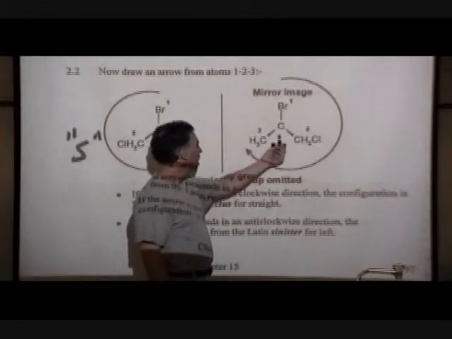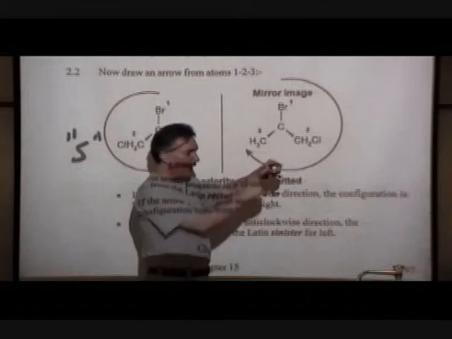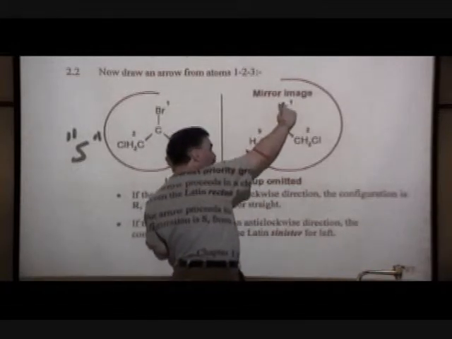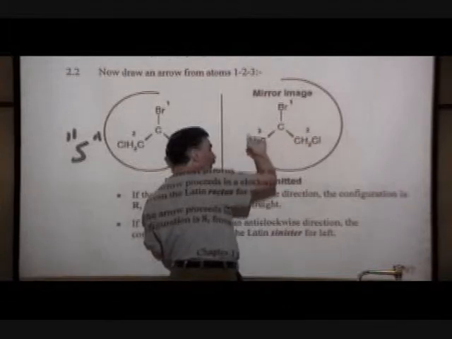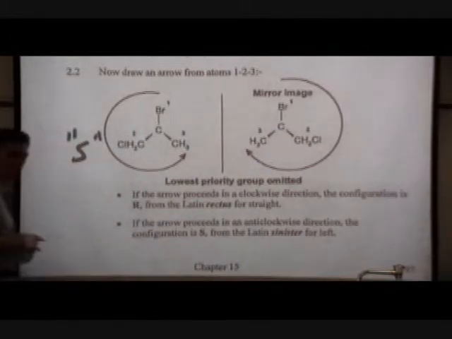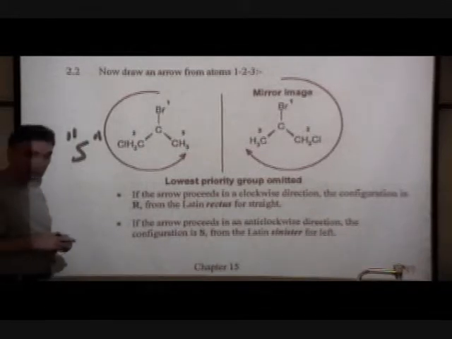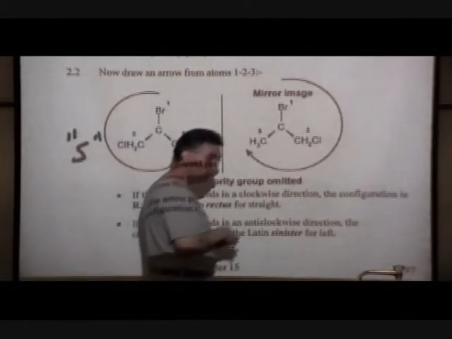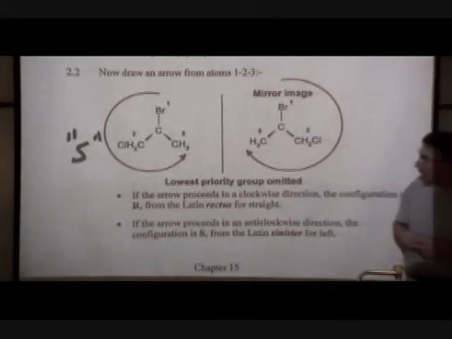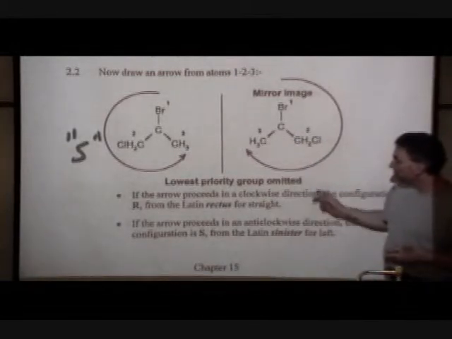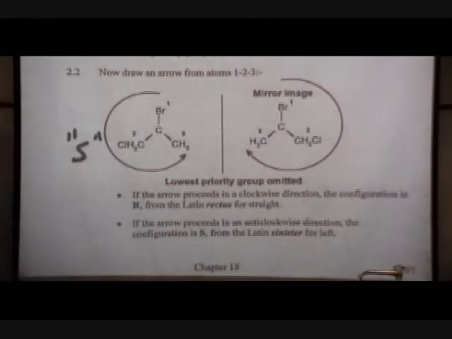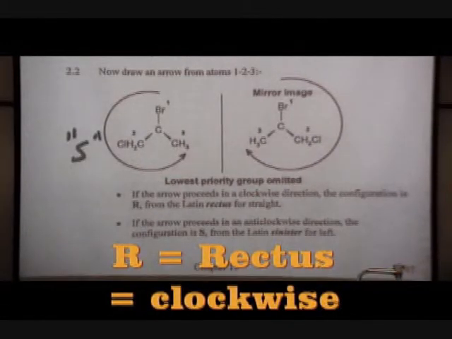So now that you have the mirror image, with that hydrogen tucked to the back, the 3 highest priority groups going from highest to third place, we're now moving in a clockwise direction. And when those 3 groups from first to second to third go in a clockwise direction, this is for the rectus or R enantiomer.